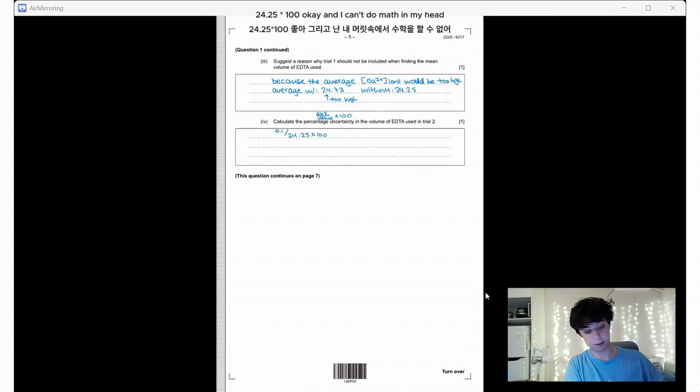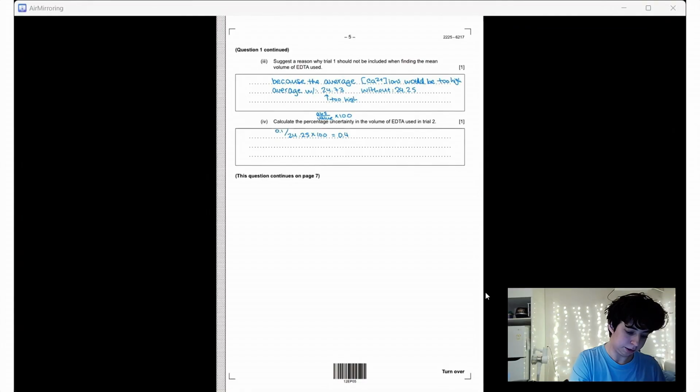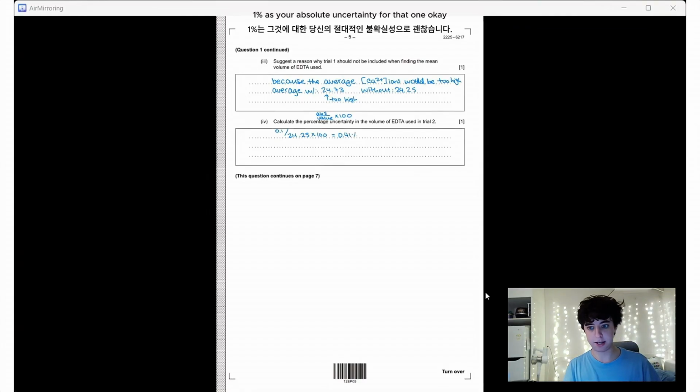I can't do math in my head, so I'm doing that on my calculator: 0.1 divided by 24.25 times 100. That would be 0.41% as your percentage uncertainty for that one. They also accepted 0.4.